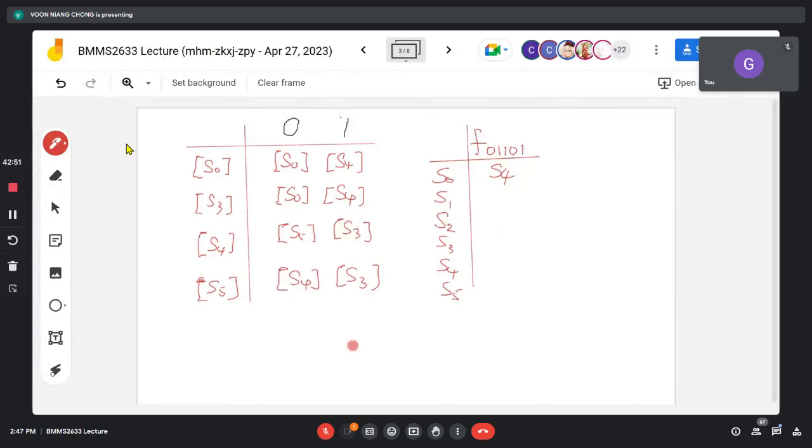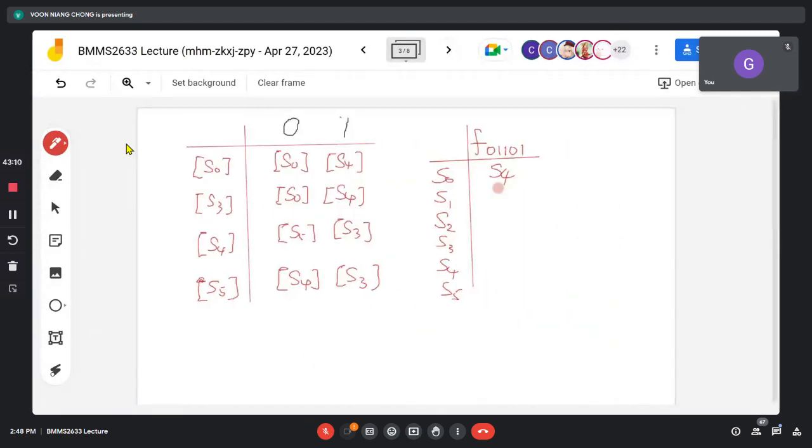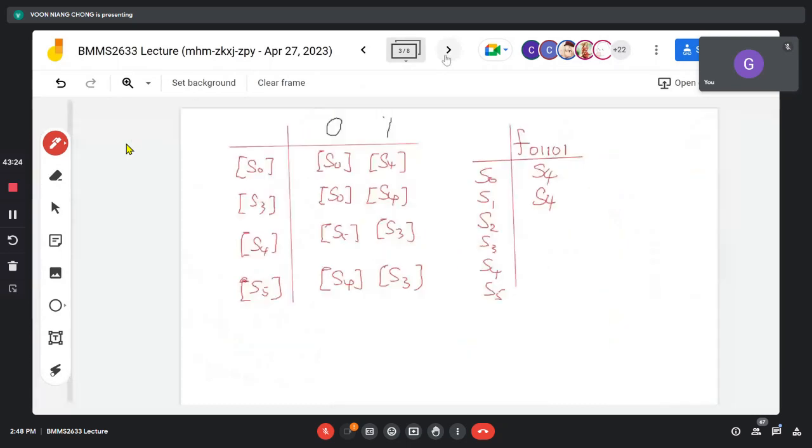And then for S1, we have 0 coming to S2, 1, S4, S3, and then 0, S0, and it comes to S0, 1 is S4. S2, 0, 1, 1, 0, 1. So S4, right?